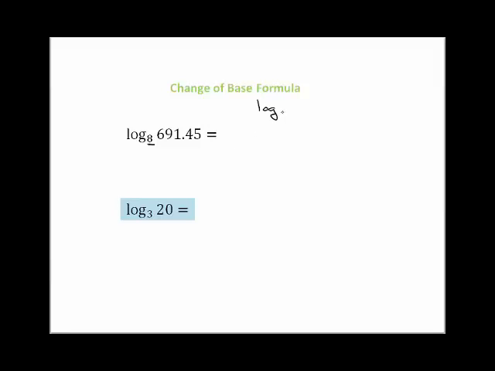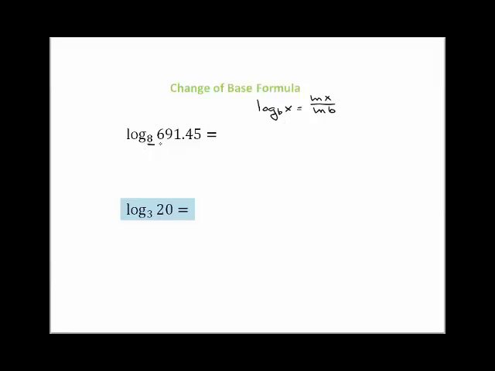It's called the change of base formula, and how it looks is the log to the base b of x equals the natural log of x over the natural log of the base. So it's a double equation, but it allows us to work with that different base.